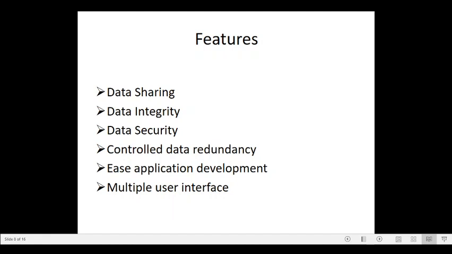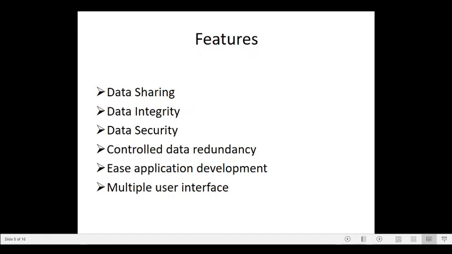In order to meet the needs of various users having different technical knowledge, database provides different types of interfaces such as query languages, application program interfaces, and graphical user interfaces.